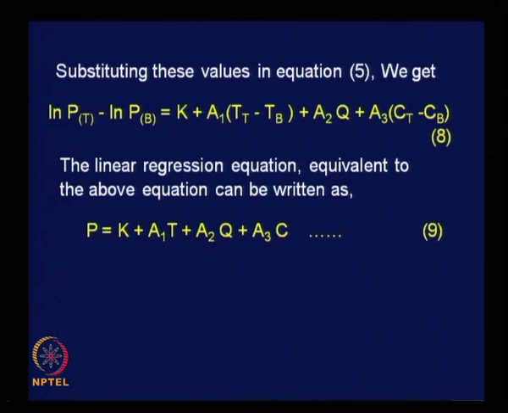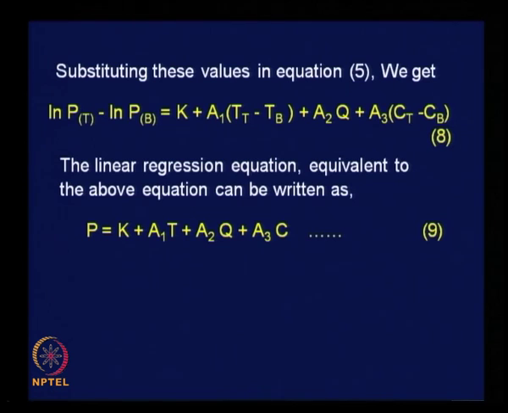We can write P equal to K plus A1 T plus A2 Q plus A3 C, a very simple linear regression equation. On the left hand side you have a dependent variable with the notation P. On the right hand side you have 3 independent variables T, Q and C and a constant term K.